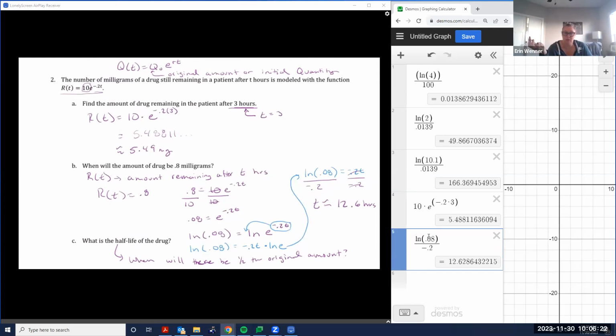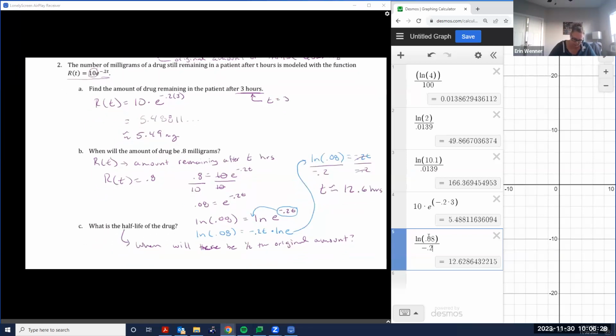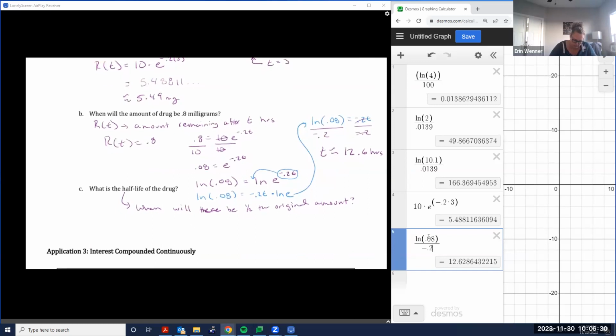Our initial quantity was 10 milligrams, right? So we want to know, when will there be half of that? So the initial amount was 10 milligrams.